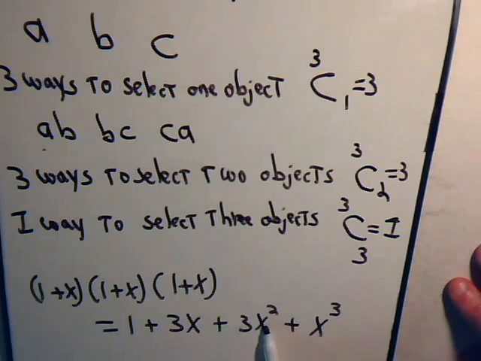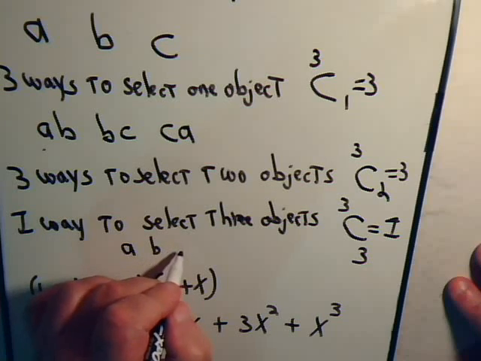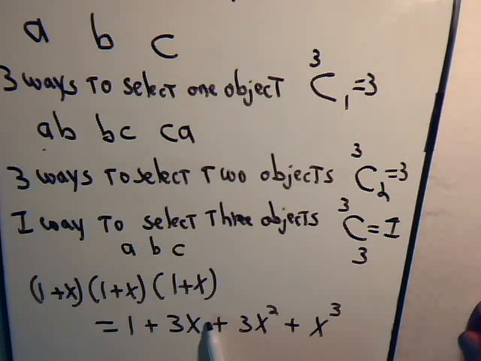The exponent on x is 2, and we just finished saying that, yes, if we have three different objects, A, B, C, and we're going to select two of them where the order doesn't matter, there's three ways of doing that. And sure enough, the coefficient on x squared is 3. How many ways can we select one object? 3 different ways. Here we have x to the first power, and its coefficient is 3.